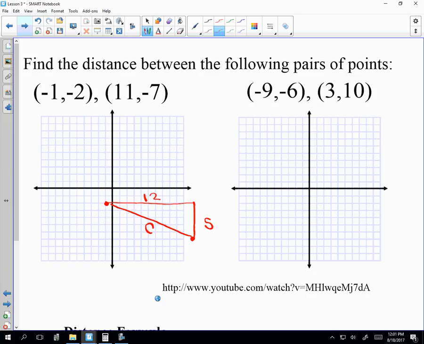And then we're just trying to find c, which is the hypotenuse value. So we know that c squared equals 12 squared plus 5 squared.